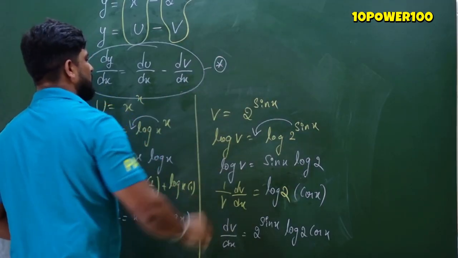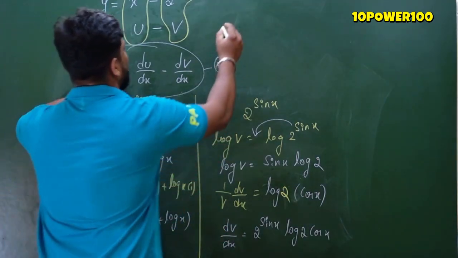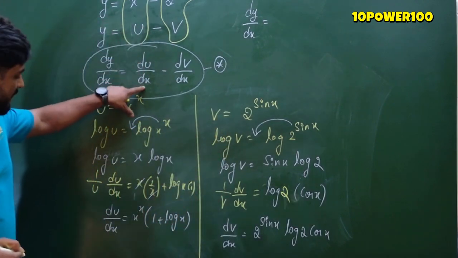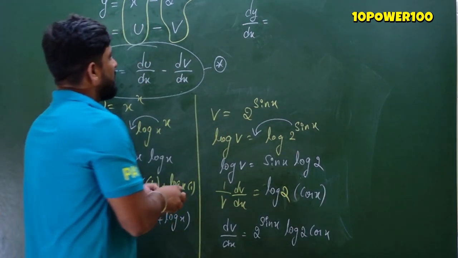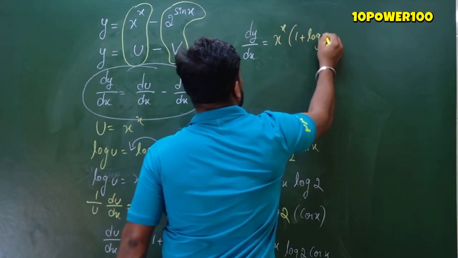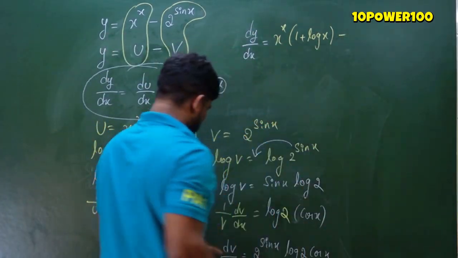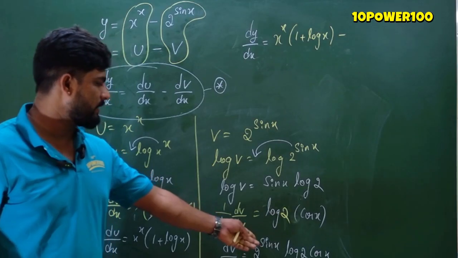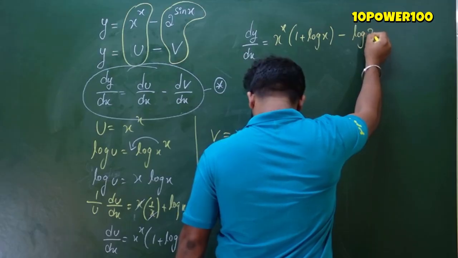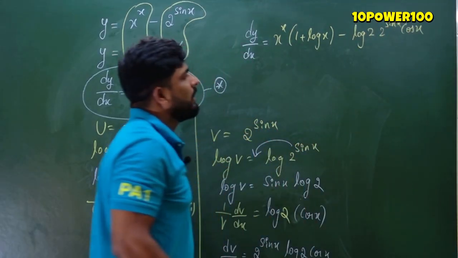So dy by dx is equal to du by dx, which is x to the power x of 1 plus log x, minus dv by dx, which is 2 to the power sin x into log 2 cos x. I'll write log 2 first into 2 to the power sin x into cos x. So this is the final answer.